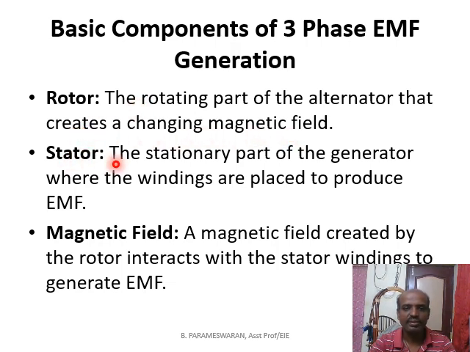The stator is the stationary part of the generator, where the windings are placed to produce the EMF. In the rotor, the magnetic field is created, and in the stator we get the EMF produced. The magnetic field is created by the rotor, and it interacts with the stationary winding so that EMF will be generated.